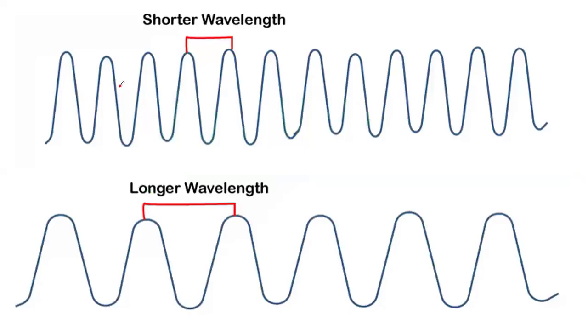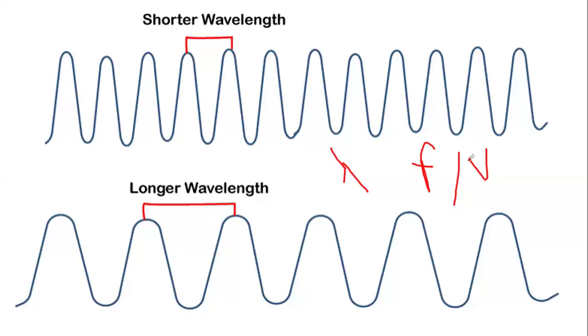The wavelength is represented by this lambda symbol, and the frequency is represented by F or V. Take note, in physics when you say V you mean velocity, but in chemistry, and especially in this topic, atomic structure, the V represents the frequency, or you can put the F there.